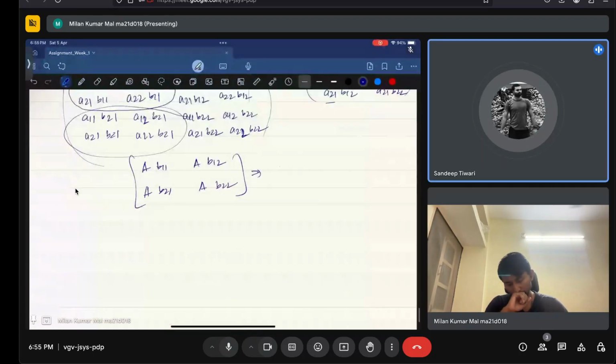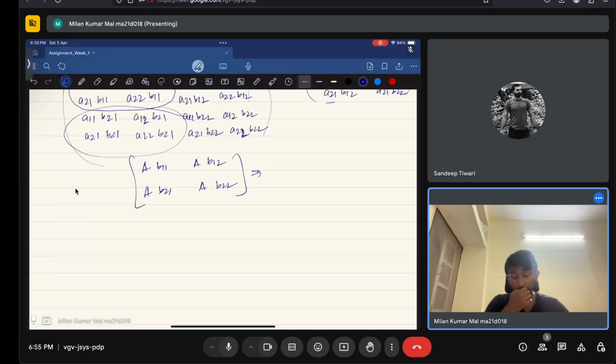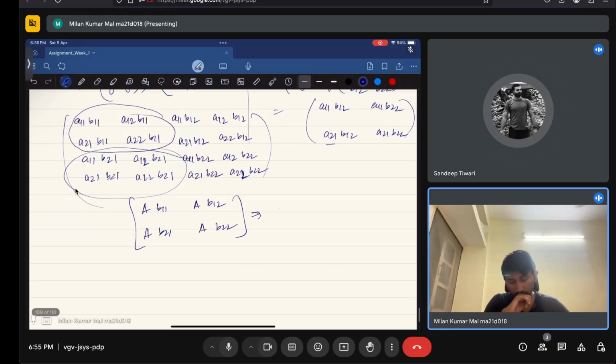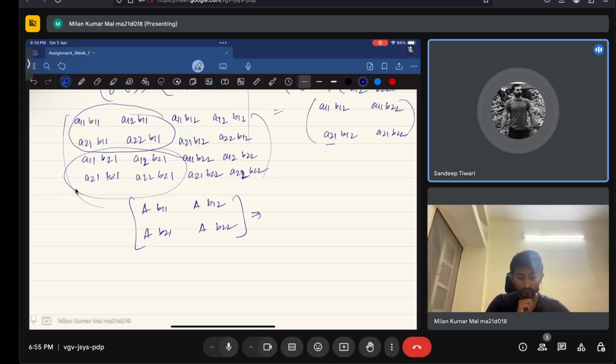Sir, if the blocks in the first column commute, then the determinant will be AD minus BC, sir. If the first entry in the first column commutes, then it will be the determinant of AD minus BC.